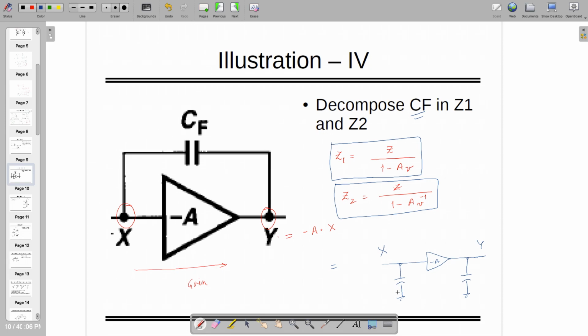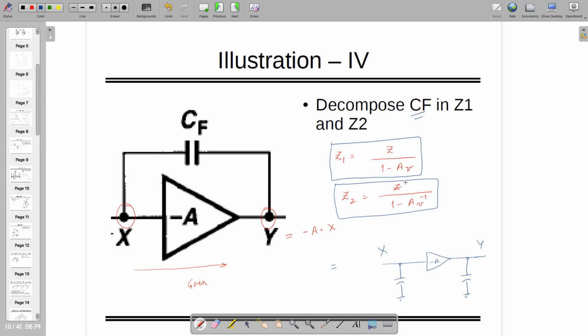Notably, this is a capacitor, so on both sides it will most likely be a capacitor, right? Because this impedance is getting divided by some quantity, it's not actually happening at low frequency.